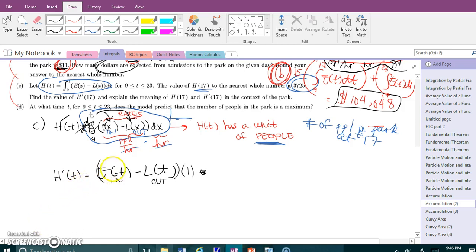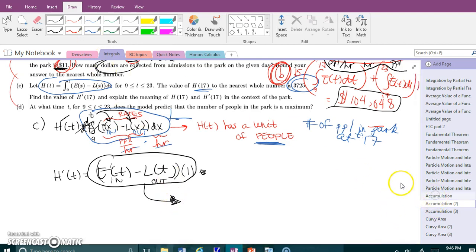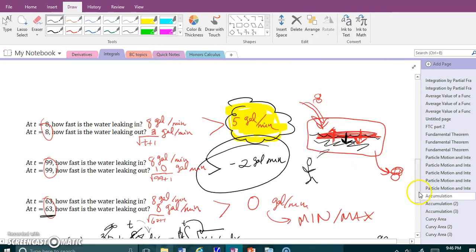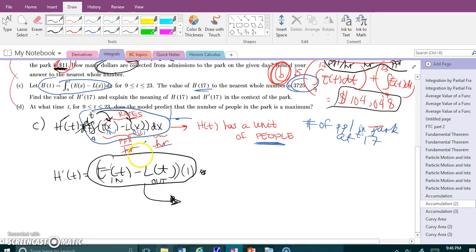So if I'm going to interpret what this is, remember, if I combine my rates, they end up giving me that third mystery rate that they don't specifically ask for, but you have to understand is going on in the background. Here, we have people entering a park and people leaving a park.